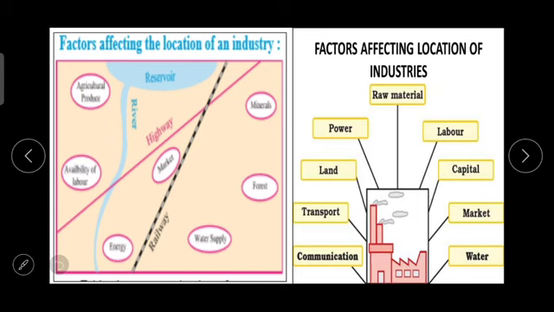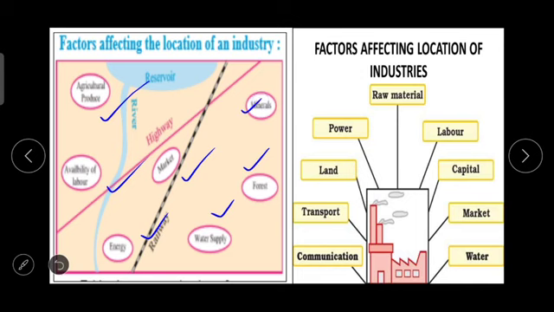Now taking into account the above factors, note in different colors the favorable factors required for the factories given below and the following. Now in this you can see agricultural produce, then the availability of labor, energy, market, water supply, forest and minerals.